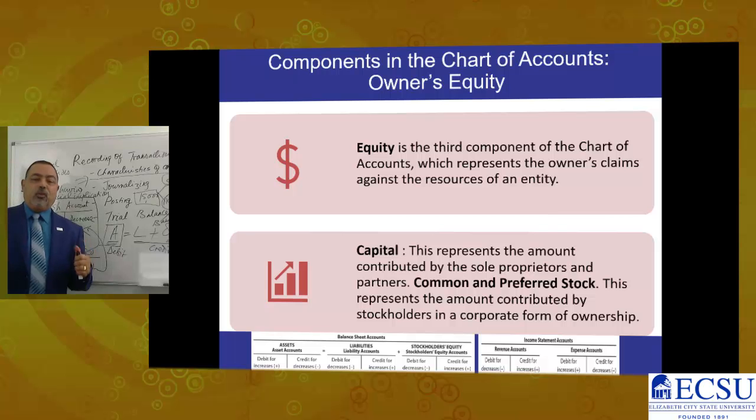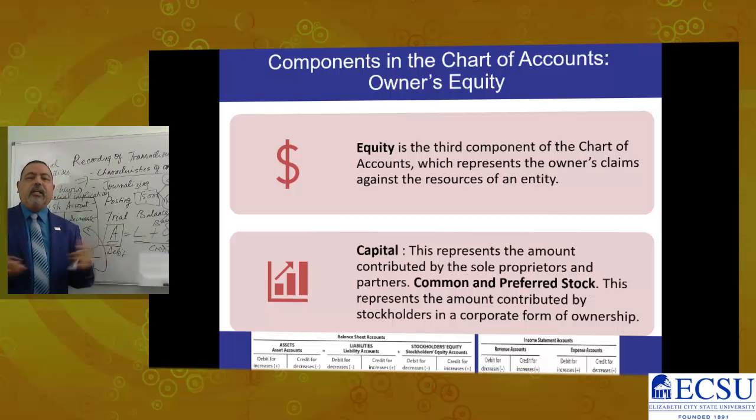If it is a sole proprietorship, we call it capital. Even for a partner, we call it capital. But if it is a company or corporate form of organization, we could have common stock and preferred stock. So that would be the owner's equity in terms of a corporation.